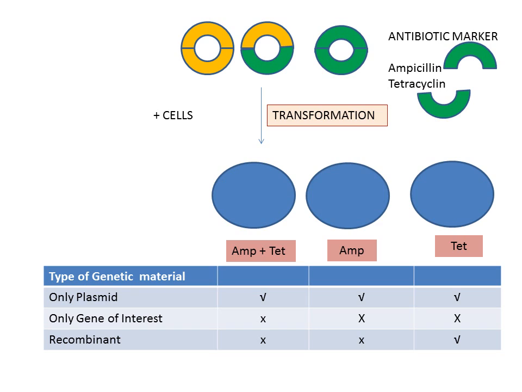So what will happen? Out of these, there are only three varieties of cells possible. One will have only the plasmid, one will have the recombinant, and another will have the self-ligated gene of interest. The master plate will have all the varieties of colonies.